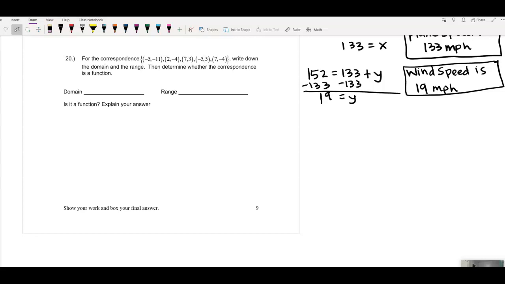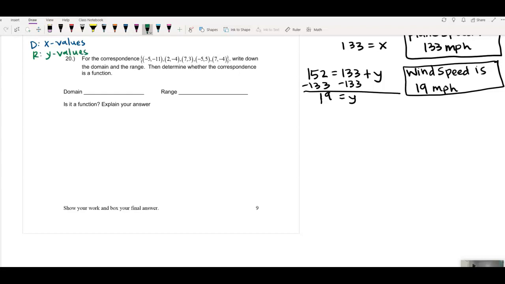Let's look at number 20. We'll have just a few minutes to do this. This one won't take very long to go through. All right, so remember that the domain is the set of all x's. So those are the x values. And the range are our y values.